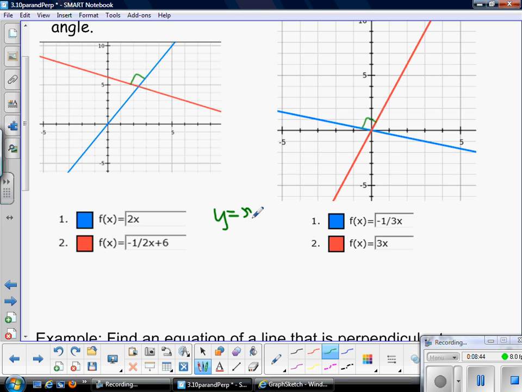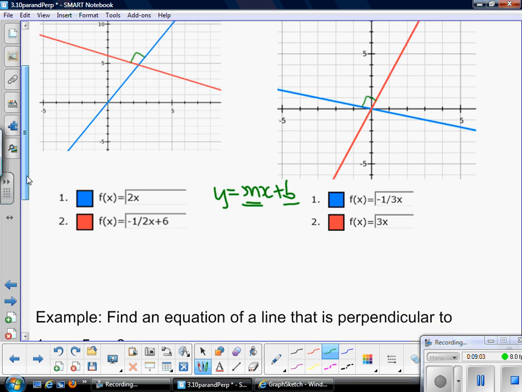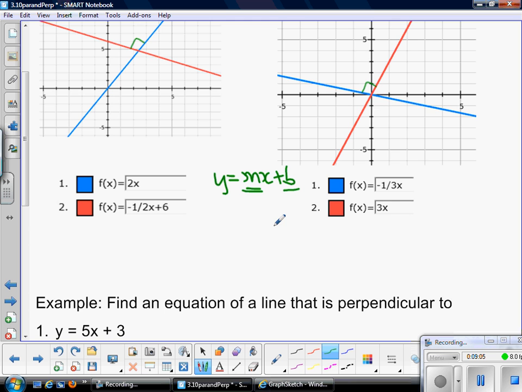Obviously our slopes are not equal. Are our y-intercepts equal? No. Well, this one is, they're both equal to 0, but that doesn't help me. This one, they're not.